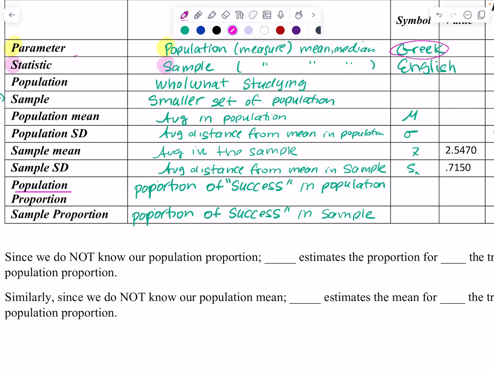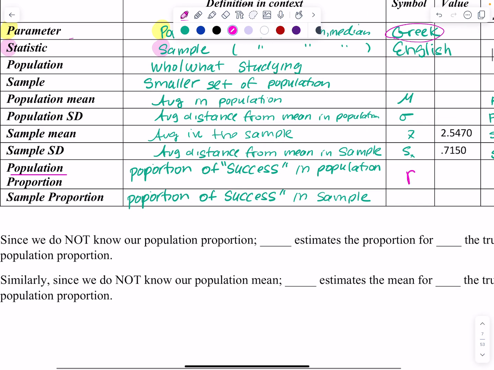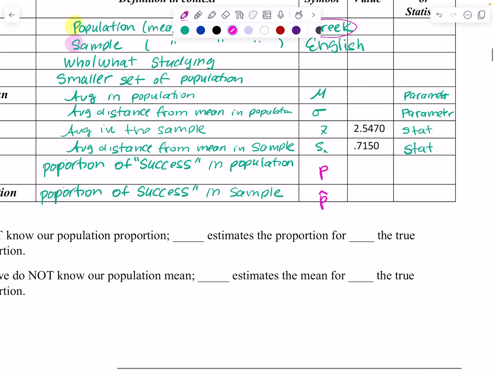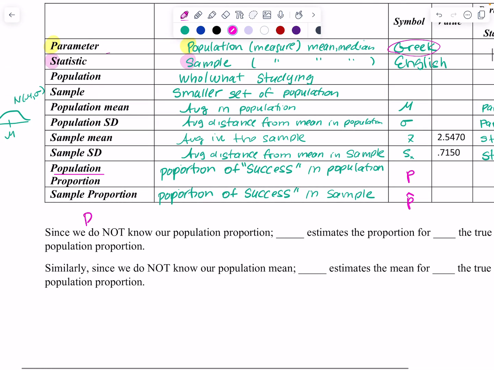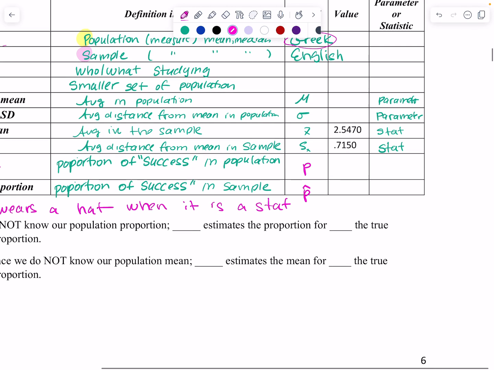Well, this population proportion is a parameter. However, it is P, and this is P hat. So when I see a Greek letter, that's a population. When I see an English letter, that's a sample, except in this case, when I see P, that refers to my population, and P hat refers to my sample. I have a little saying that P wears a hat when it is a stat. So this here is still a parameter, and this here is a statistic.